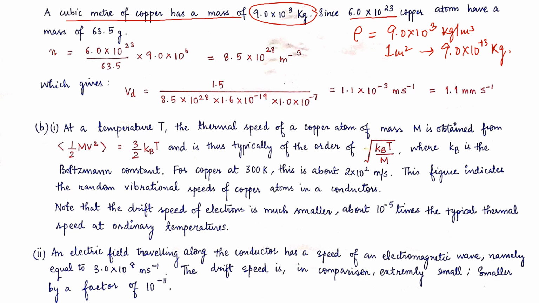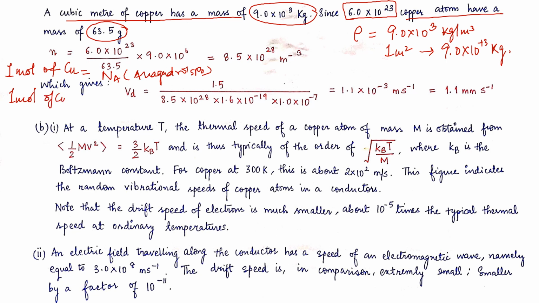Since 6 into 10 to the power 23 copper atoms have a mass of 63.5 gram, see, 1 mole of Cu has atoms equal to Avogadro's number. Now, in this 1 mole, what is the weight of the copper? 1 mole of copper has weight equal to its unified mass, that is 63.5. So we can compare these two quantities. They will be equal.